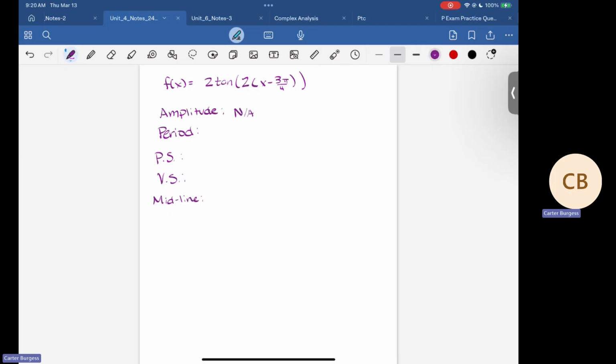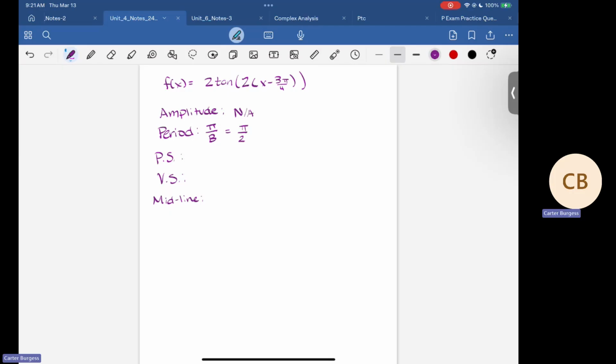Pi instead of 2 pi. And so to find the period here, what should I do? It's going to be pi over b instead of 2 pi over b, the 2 pi being replaced with the pi just because we get a unique image of tangent twice as often. Which in this case is going to be pi over 2.